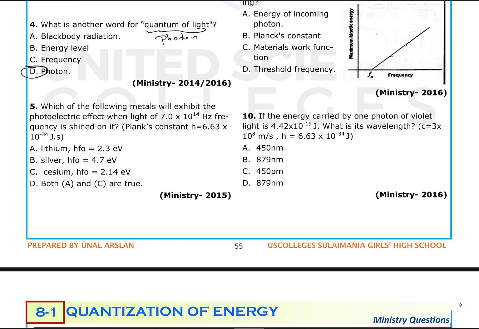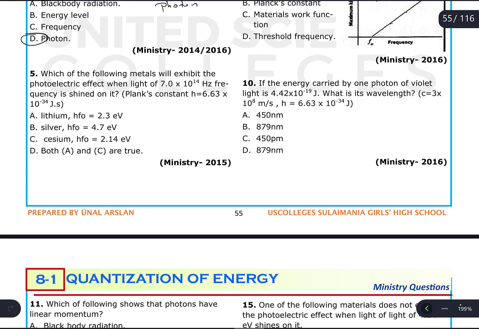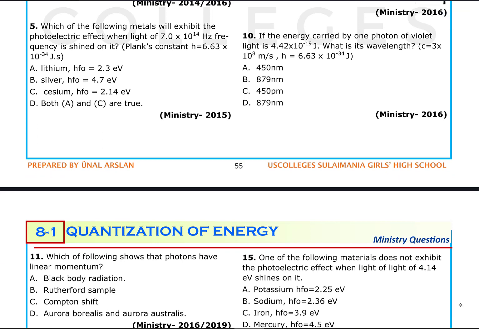Question number 5. Which of the following metals will exhibit the photoelectric effect when light of 7 times 10 to the power of 14 Hz frequency shines on it? We know that if the energy of the photon is greater than or equal to the work function, we will observe the photoelectric effect.